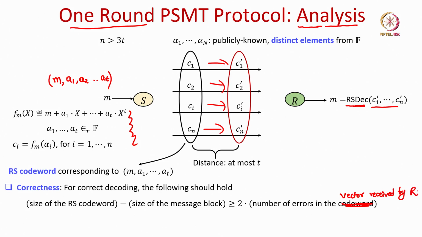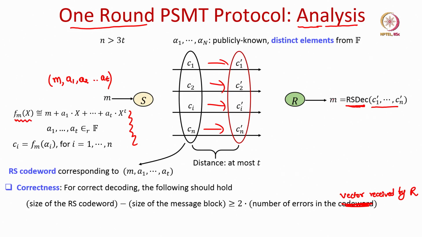If this relationship holds, then from the results in coding theory we know that Reed-Solomon decoding will correctly output the polynomial f(x).